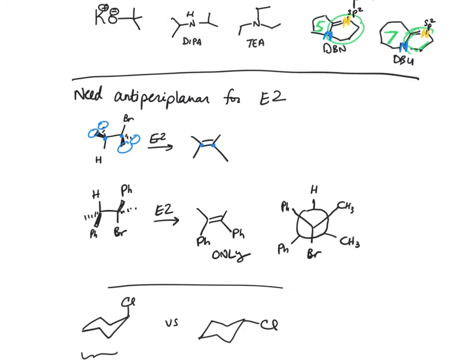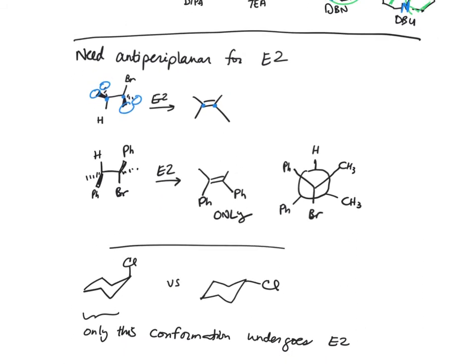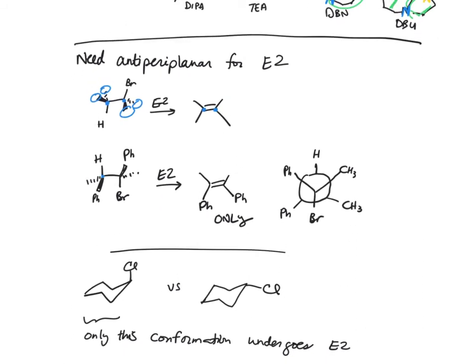But let's say that we have an E2 reaction that involves these 2 carbons. This would be one in which we had a non-bulky base because we want to get to that product that's less substituted. And for us to get there, we only form this product where the phenyl groups are cis.